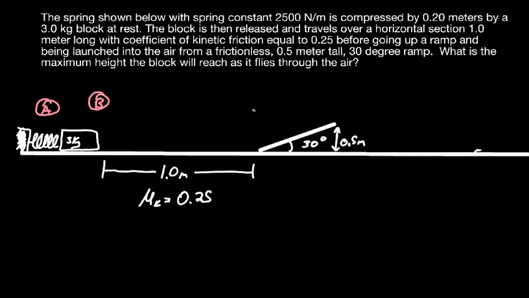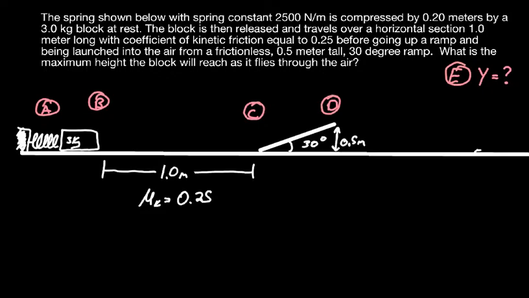Point C is going to be right here at the end of this frictiony area of the surface, so we will have slowed down a little bit. Point D is going to be right here as it's leaving that ramp, and then point E is going to be up here at its maximum height, and we are looking for the y position here. That's our ultimate goal on this one.